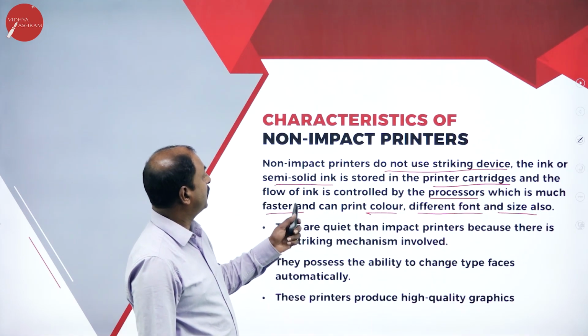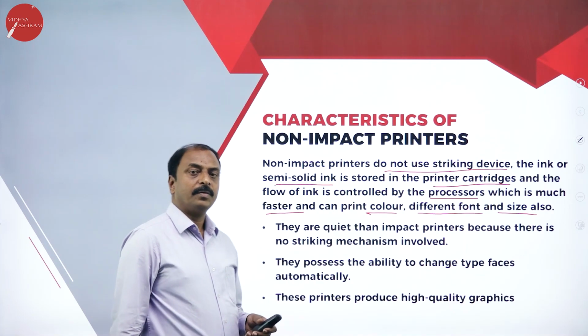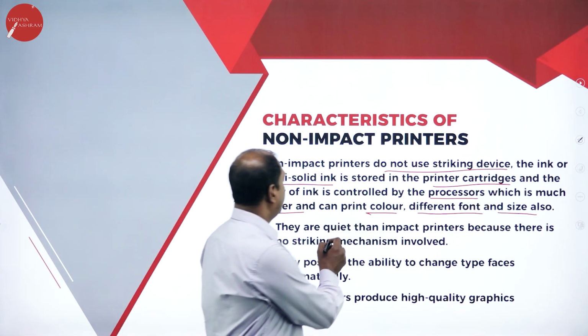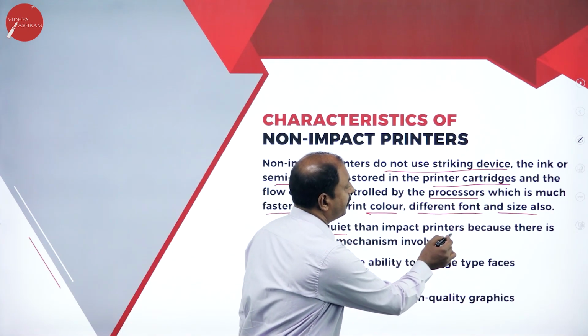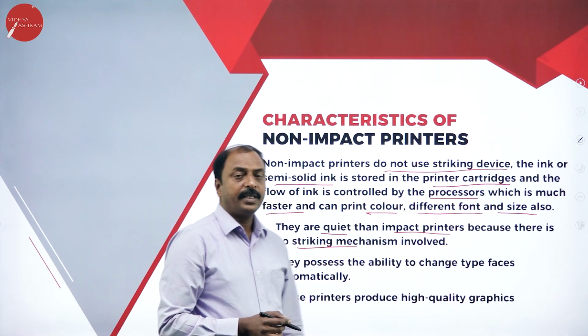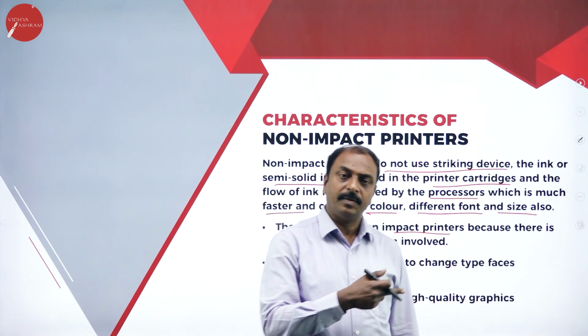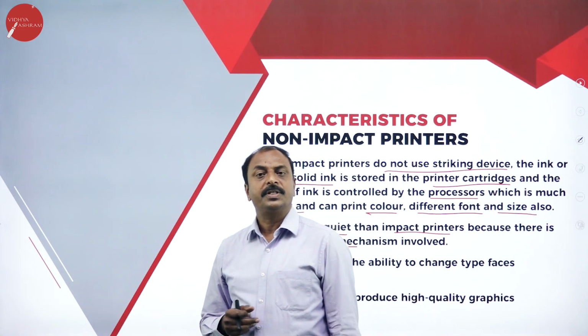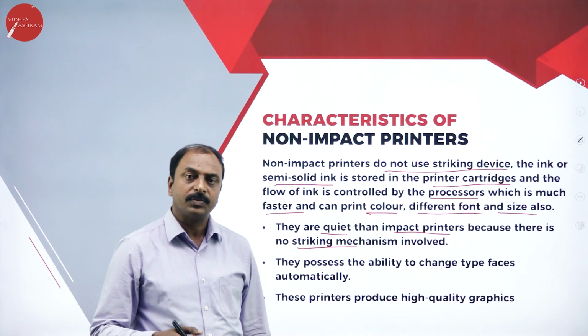So this is one of the characteristics of non-impact printers, and they are quieter than impact printers because there is no striking mechanism. As there is a striking mechanism in impact printers, as I told you, it is very noisy and makes a lot of sound.